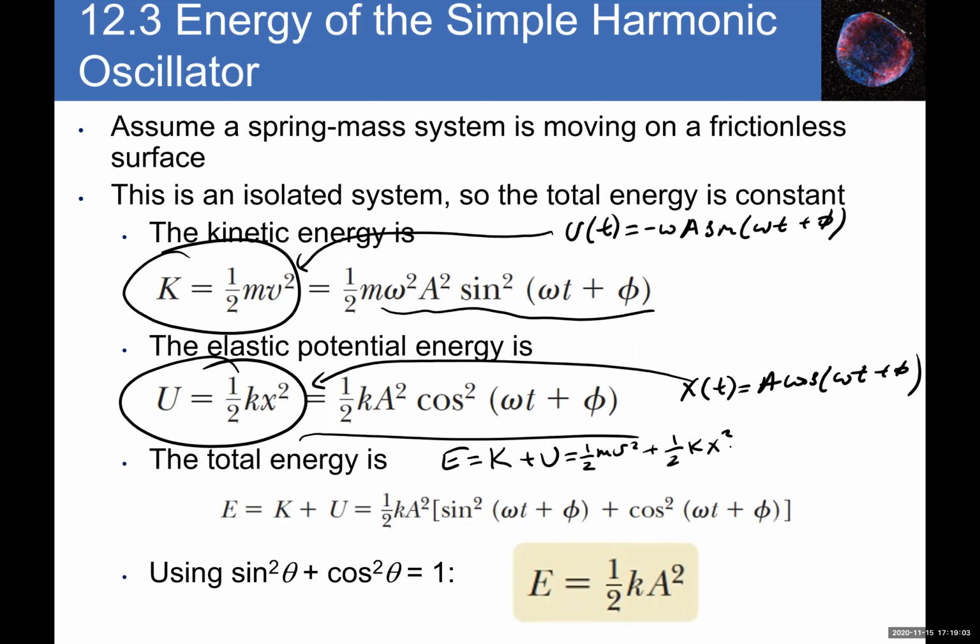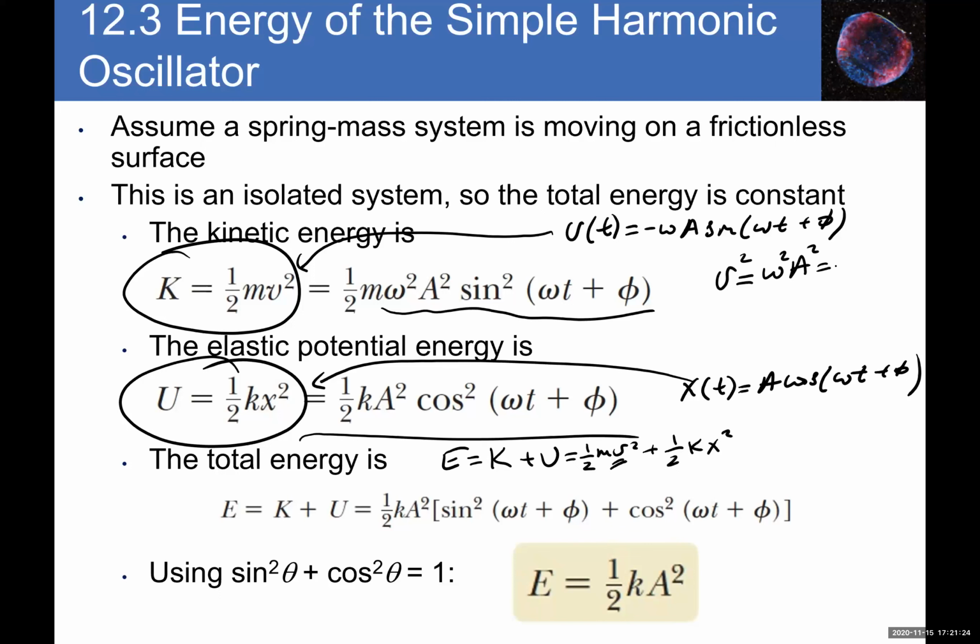And then what we do here is this. I can rearrange that to show that, remember, v is equal to omega A. And see, here I have v squared, which becomes omega squared times A squared.